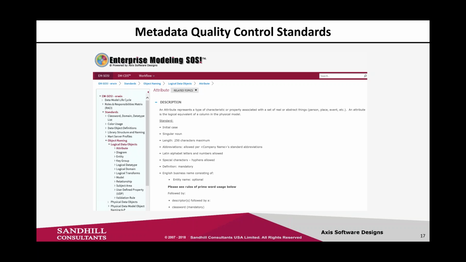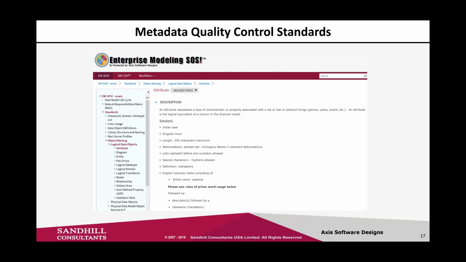So as you can see, I just want to point out here that we're looking at a screen that shows the logical data objects that are in Erwin, but we have physical data objects in here as well. The important thing to note here is that the content on the right, you see these bullets. They all represent a property that needs to be documented, that needs to have a standard.